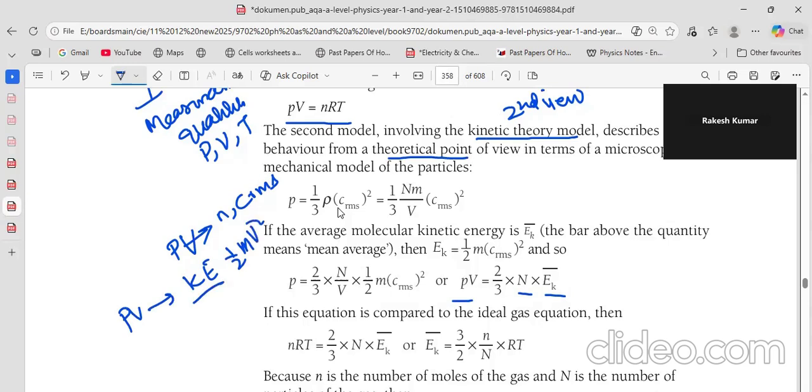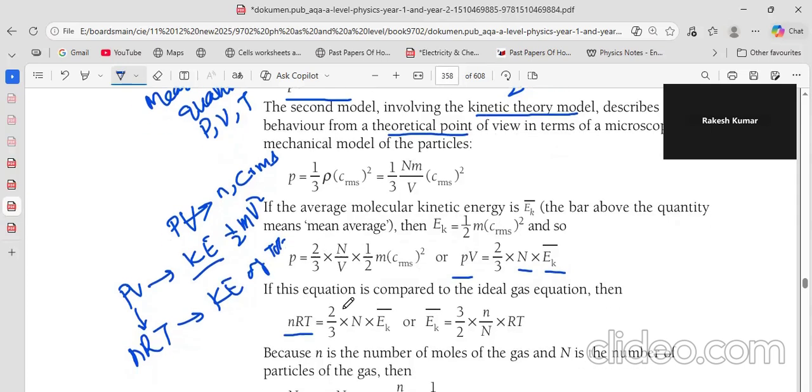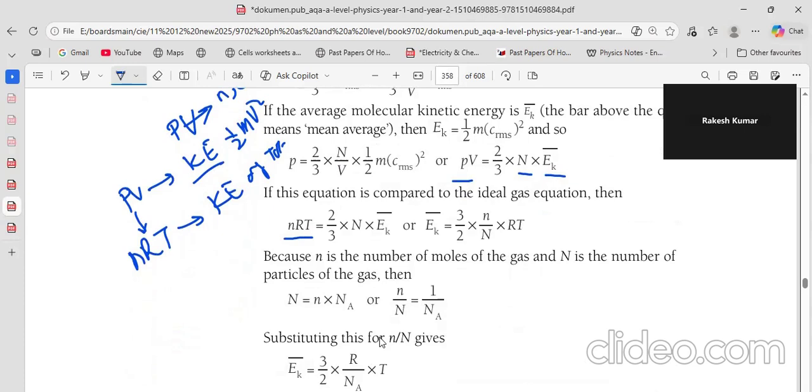That's why the term kinetic theory of gases. Because they know PV is equal to nRT, they then relate nRT to the kinetic energy of the total particles. And once they know that, they can get to the kinetic energy of one particle.